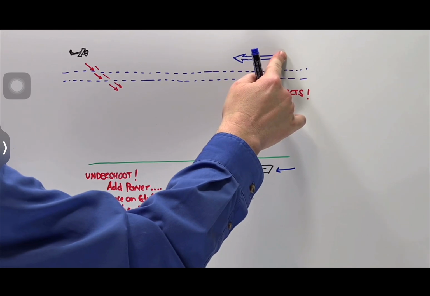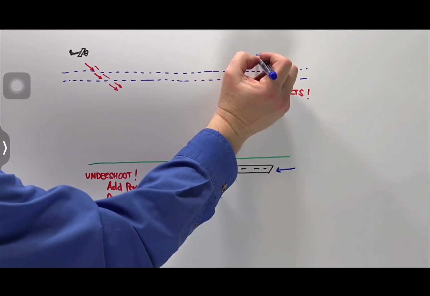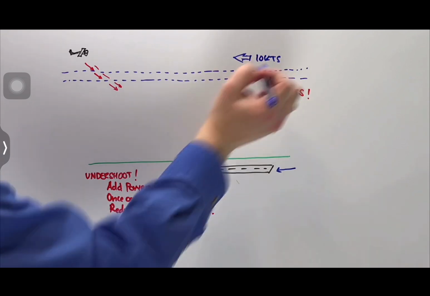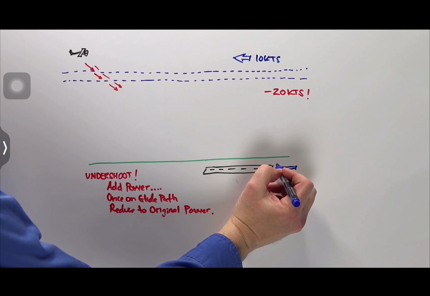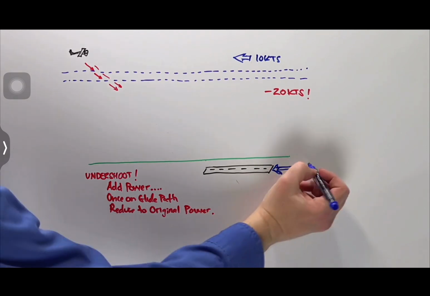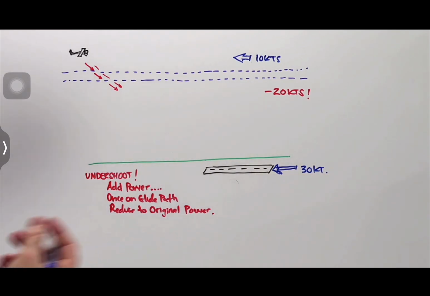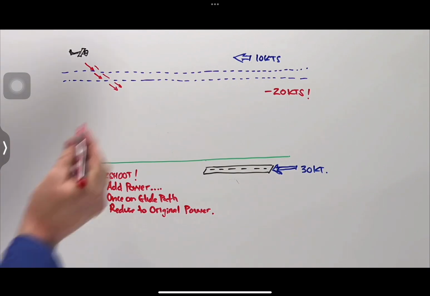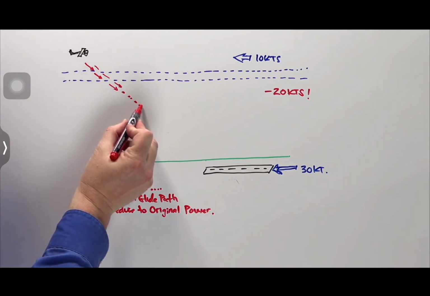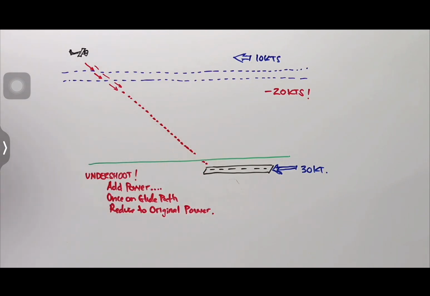For those of you who are purists out there, I'll make this arrow smaller. Ta-da! Now it's only 10 knots. Meanwhile, down at the surface, we've got the 30-knot wind. So now, what's going to happen? Originally, here's my originally planned approach path to the threshold.